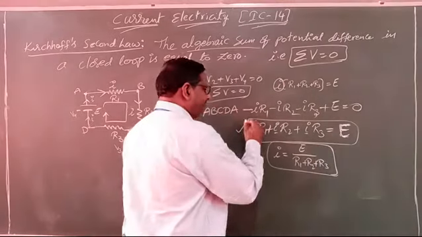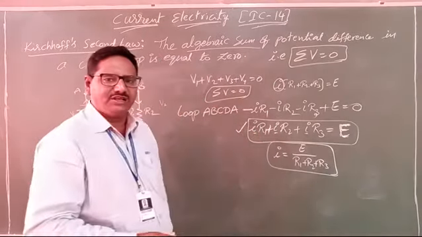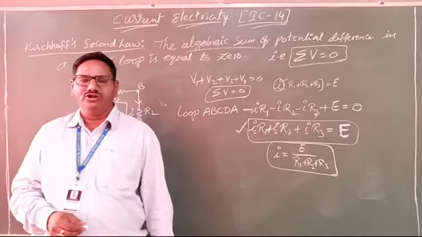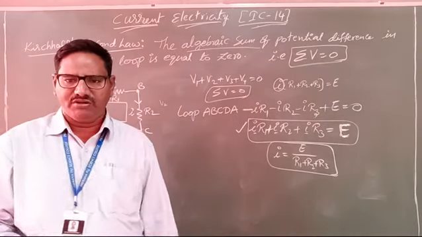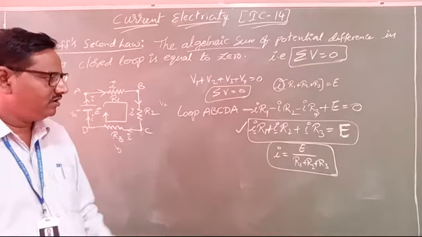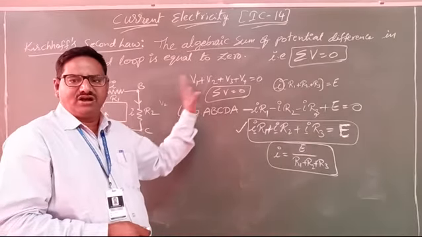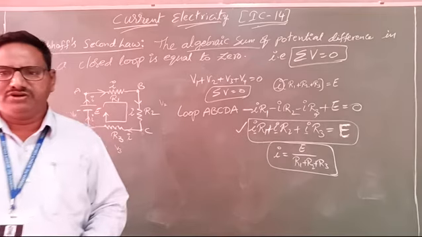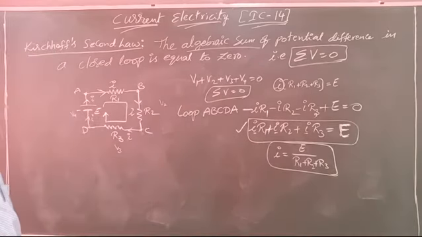Okay, up to here is enough. The algebraic sum of potentials in a closed loop is equal to 0. This is Kirchhoff's second law. Now, by applying these, we will solve some numericals on Kirchhoff's first law and second law.